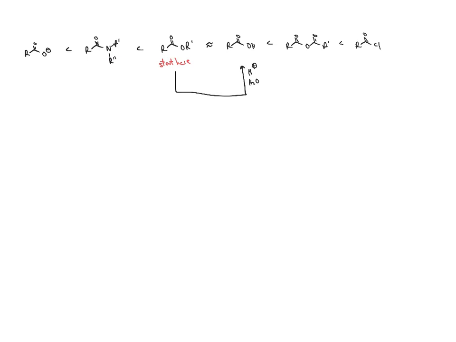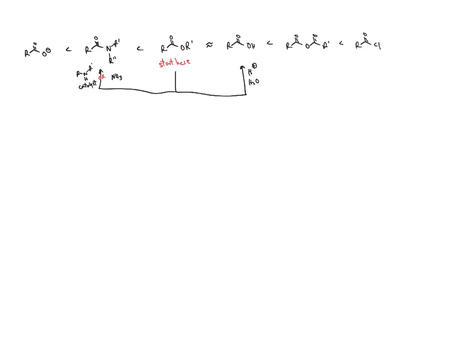How about if we wanted to try to form the amide? Okay, we would need an amine and some catalyst to perform this reaction. Or we can do this reaction with just ammonia as the nucleophile.